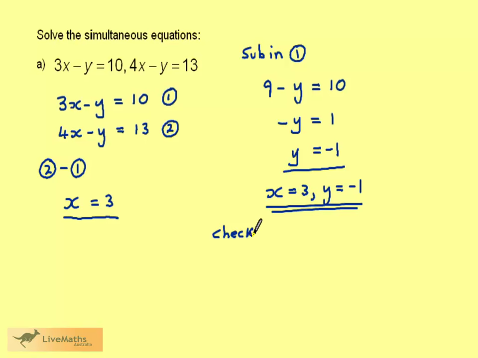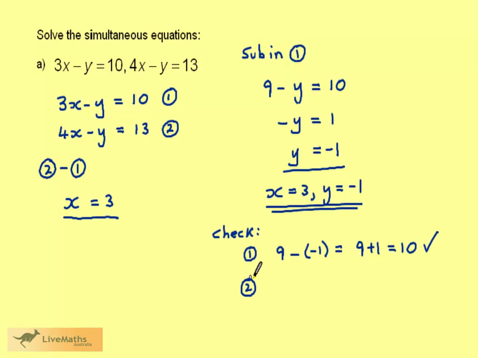Once again, we need to check this answer. Substituting into 1, if x is 3 and y is minus 1, we get 9 take away minus 1, which becomes 9 plus 1, which is 10, which is correct.